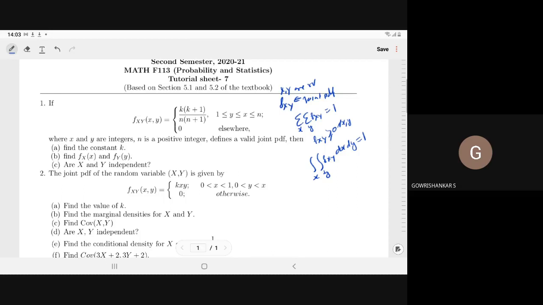So here in the first question, you have to find the constant k. When we have to find the constant k, it must satisfy both conditions for being a PDF.